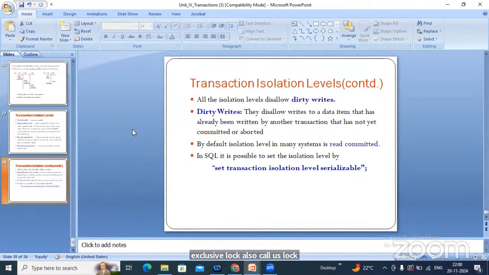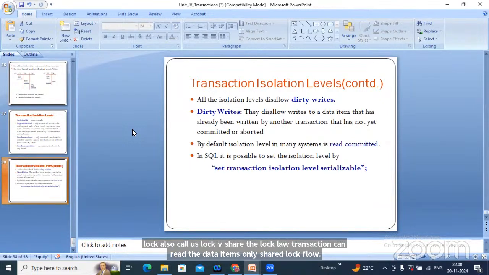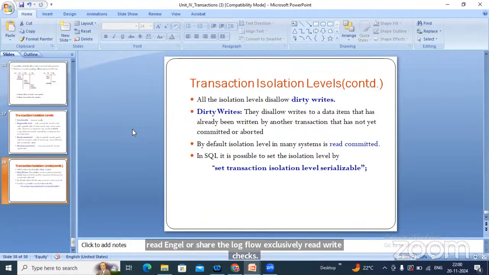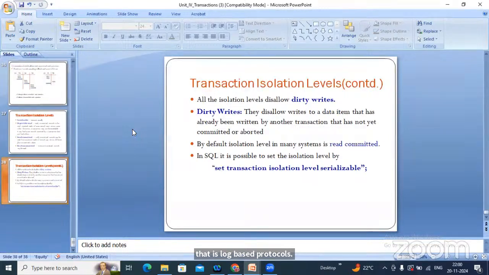In an exclusive lock we can do read and write on data items. That is log-based protocols. A number of transactions can hold the shared lock, but the exclusive lock can be held by only one transaction at a time.